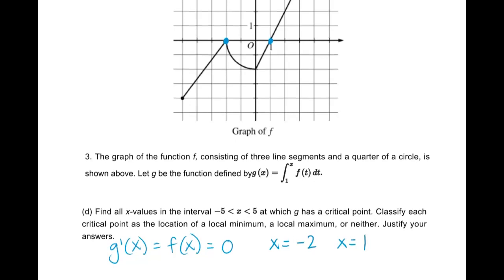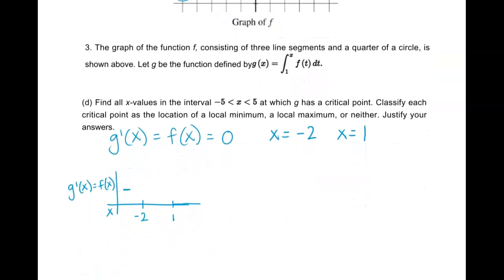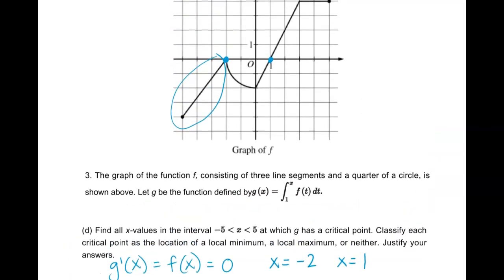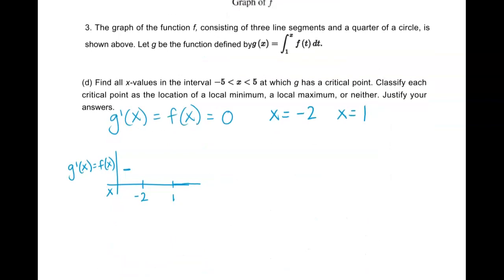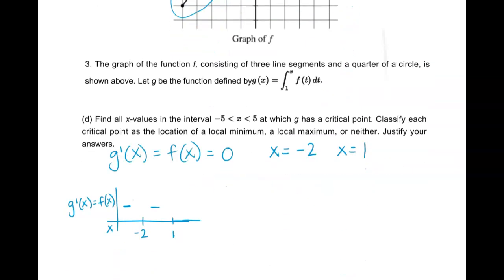When x is less than -2, we're looking at this portion of the graph, and all of those values of f are negative. Between -2 and 1, which is this portion of the graph, all the f of x values are negative. When we look at this portion of the graph, to the right of 1, f of x is positive.